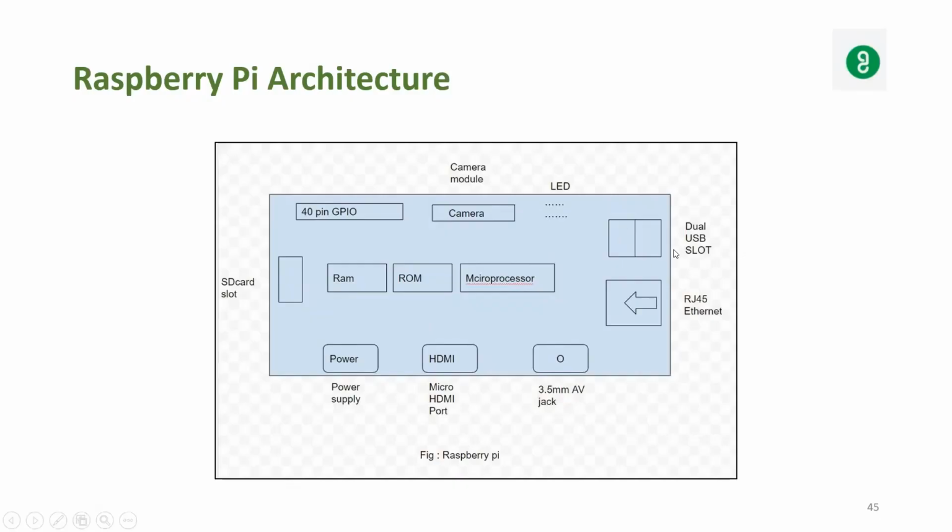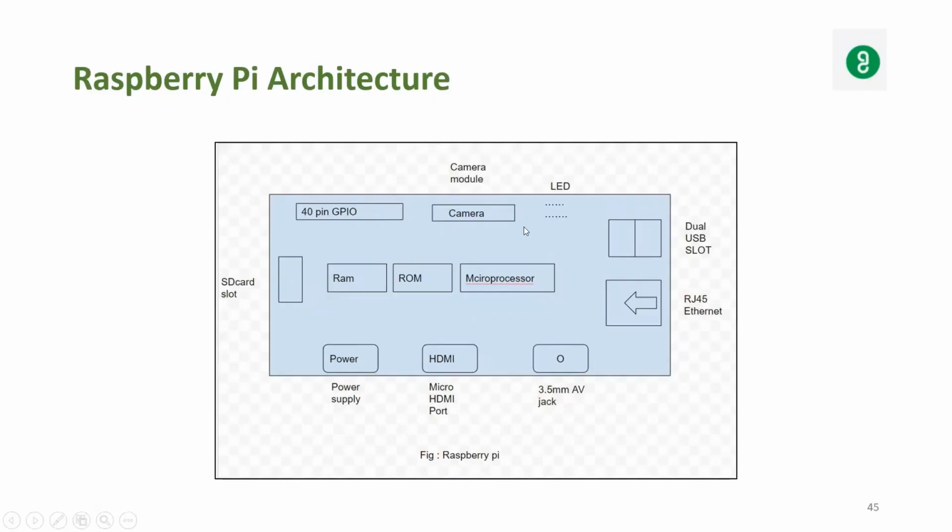You have dual slot USB. And then you can connect a camera module. You can connect GPIO, 40-pin GPIOs. You can connect it here.